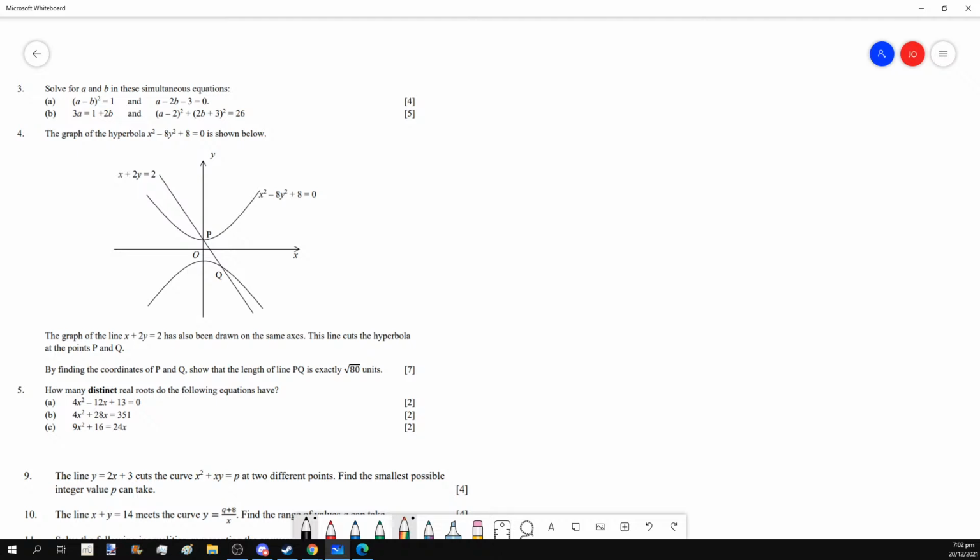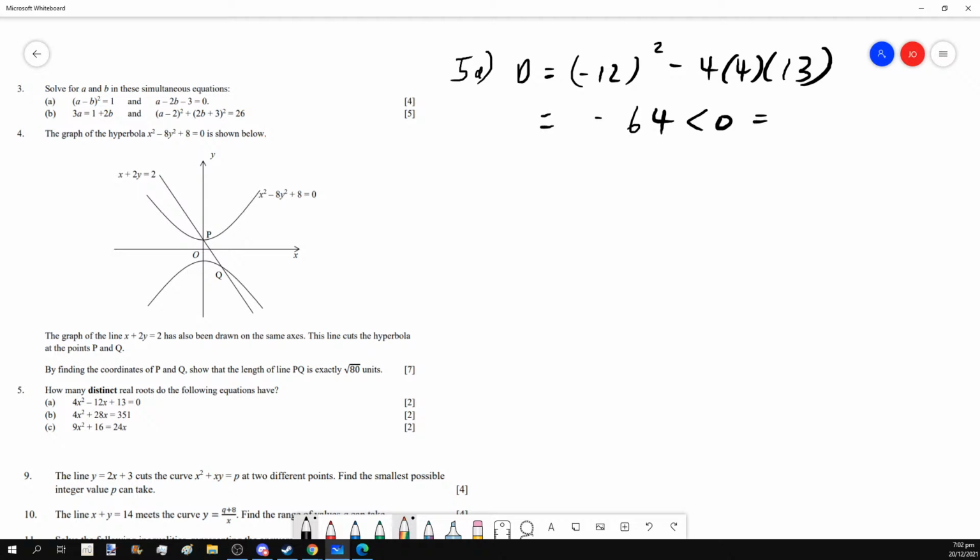Therefore, for question 5, this is simply asking for the number of solutions, which is the perfect time for us to use the discriminant. So in this case, the discriminant will be b squared minus 4ac. Very clearly, this thing will be negative 64, which is less than 0, implying that we have 0 distinct real roots.